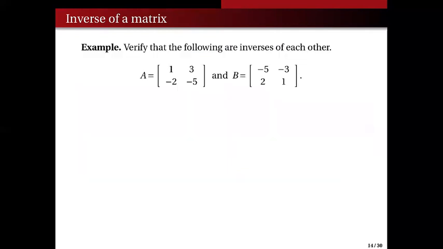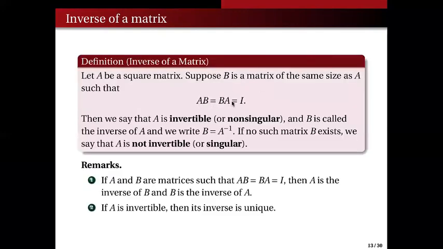Let's look at these examples. You have a matrix A here and a matrix B here, and we want to verify if they are inverses of each other. Meaning, if we calculate the product AB, it must be equal to the identity matrix.